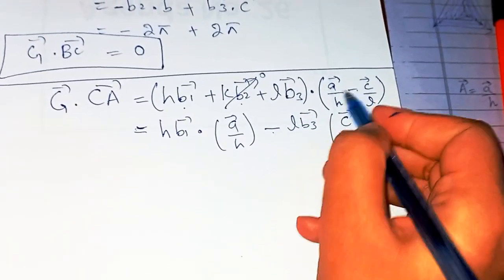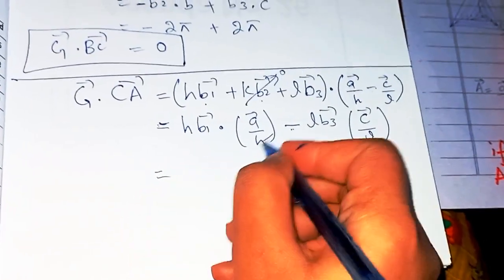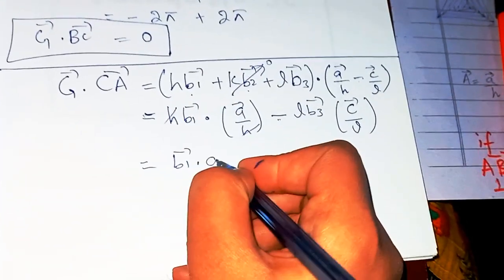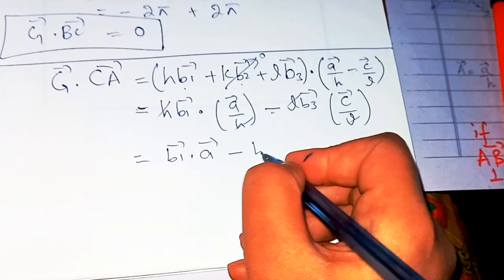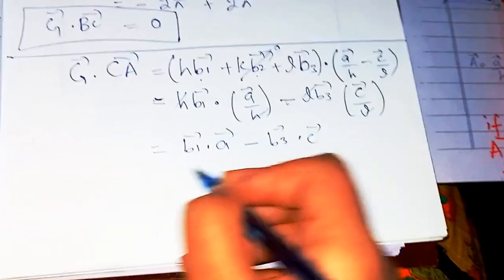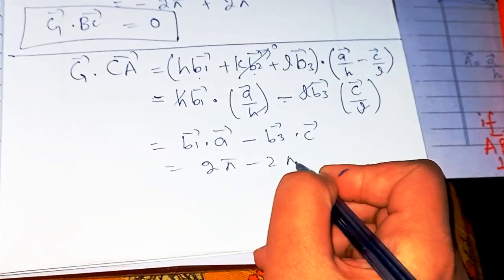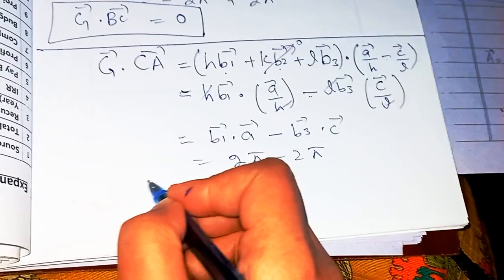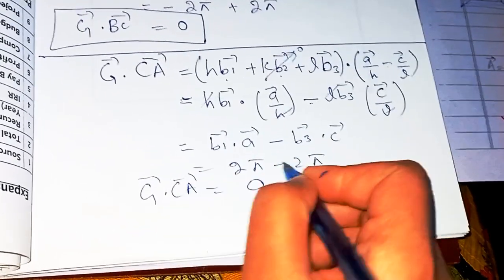I have already written this negative sign here. So h cancels, it's b1 dot a, minus l cancels, so it's b3 dot c. Both of them are 2 pi, and we can see that it is equal to 0, and g dot ca equals 0 as well.